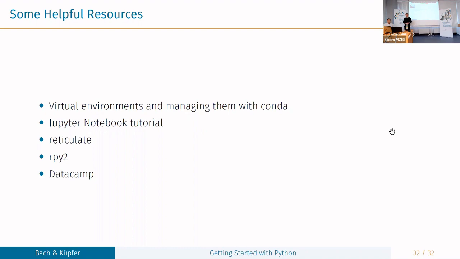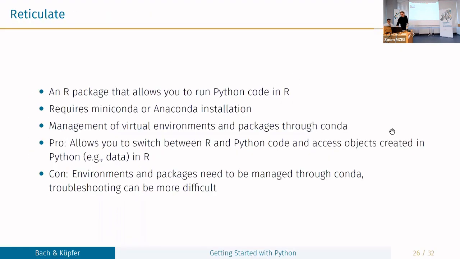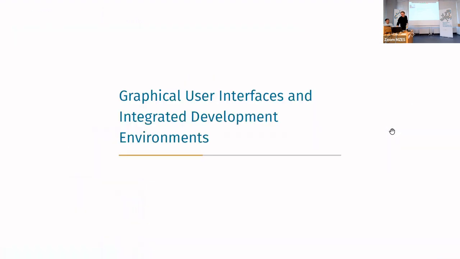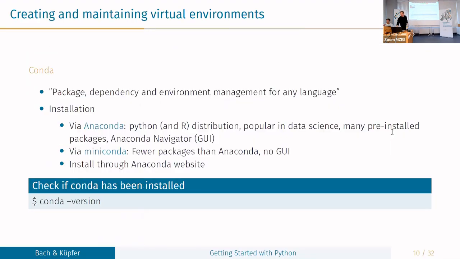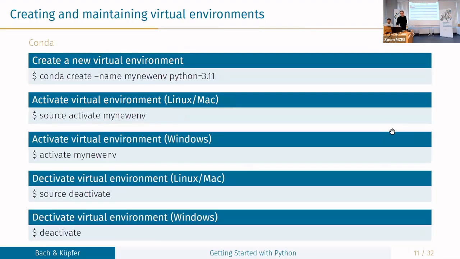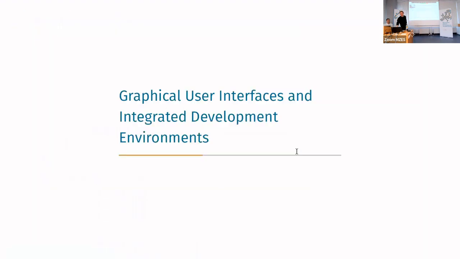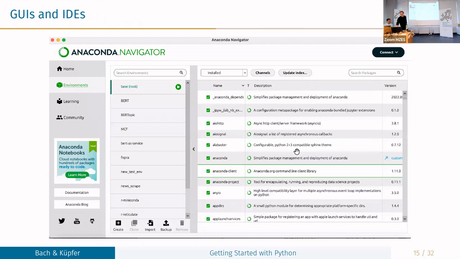One question on virtual environments: whether you always have to create them in Python, or you can also do it in Anaconda. What I showed in the very beginning was how to create them using Conda or using venv, and you could just do the same thing here and click on create.